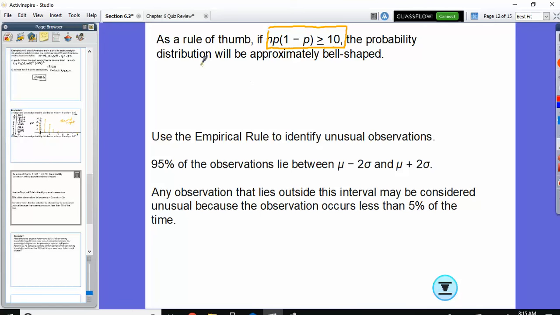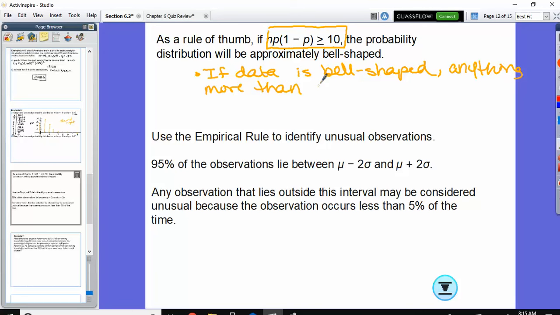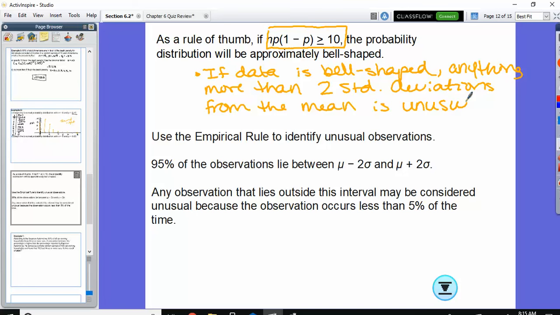So if you don't want to write all this down, here is our concise definition. If the data is bell-shaped, anything more than 2 standard deviations from the mean is unusual.